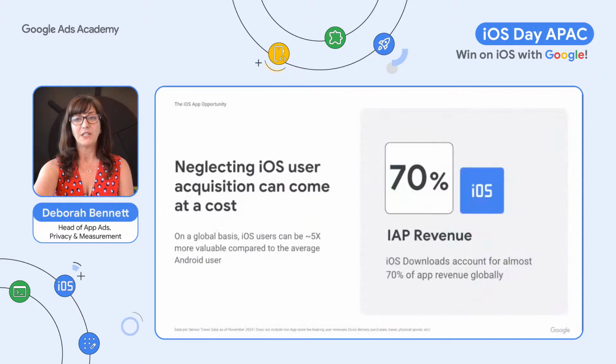While there are many options and changes, as I just referenced, many may feel uncomfortable, but ignoring iOS users comes at a very large cost. Third-party data from Sensor Tower suggests that iOS users are 5 times more valuable compared to Android users, and 70% of the in-app spending comes from iOS across the whole advertising ecosystem.